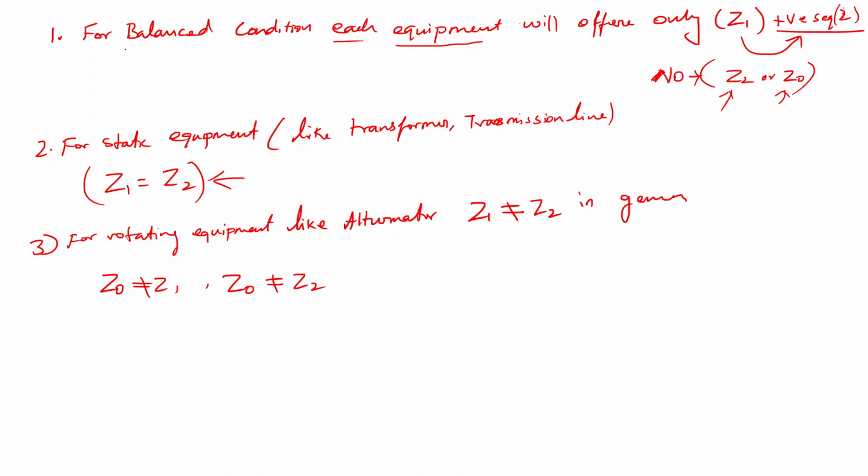Because we are mainly focusing on impedance for the sequential network, these three are usually what we get questions on in power system.